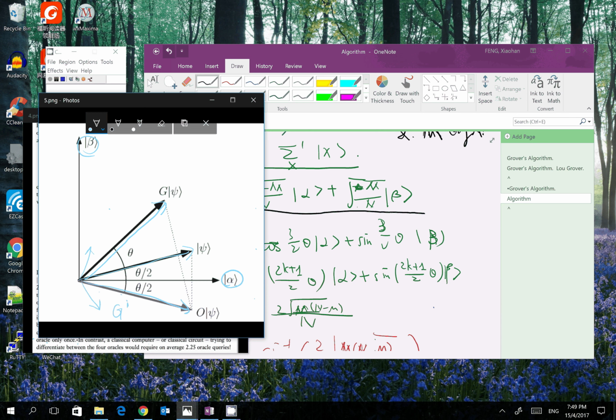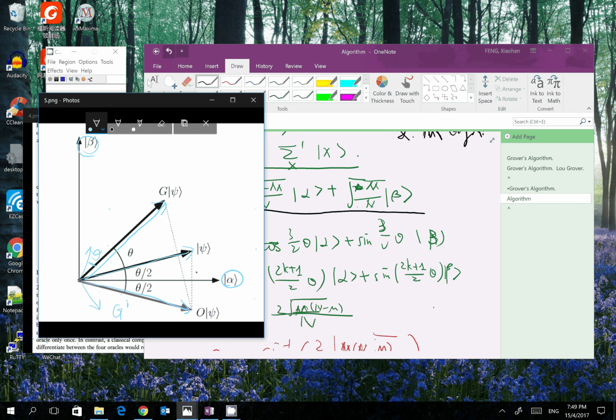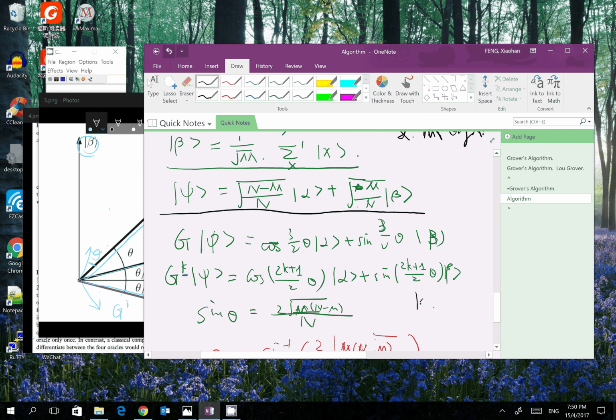Basically, it rotates G towards the beta axis by an angle of theta. So it is very easy to see that if we apply the Grover iteration k times, we actually rotate phi towards the beta axis by an angle of k theta.